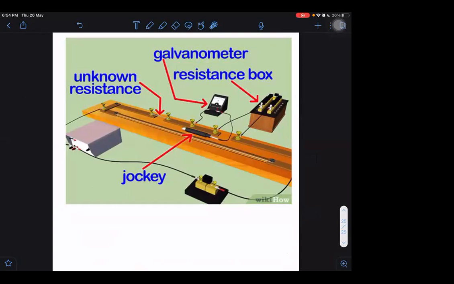Galvanometer, resistance box. This is the galvanometer here. This is the resistance box. And the resistance box is nothing but something in which we can keep different resistances. We have multiple options, and we can use it to get whichever resistance we want. We can place it in between these two terminals.